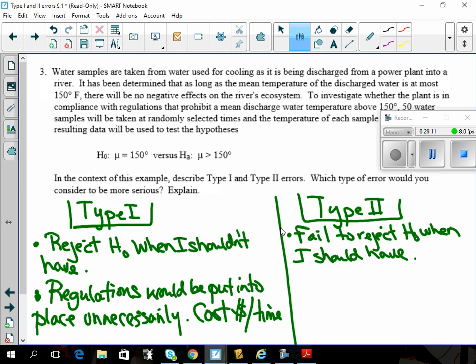I say the ecosystem is fine, right? Nothing's wrong. The mean water temperature is okay. But what is it really? Not okay, right? So what's a consequence? People die, right? And that's often a consequence for a type 2 error. I hate to say that, but death is usually a consequence.